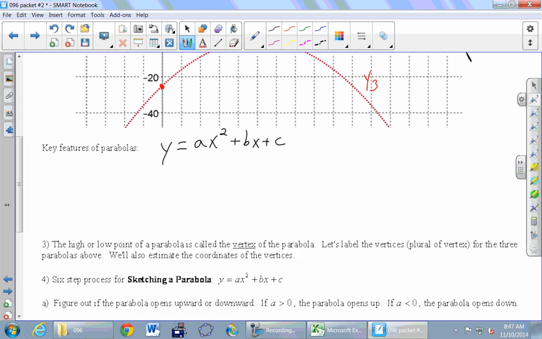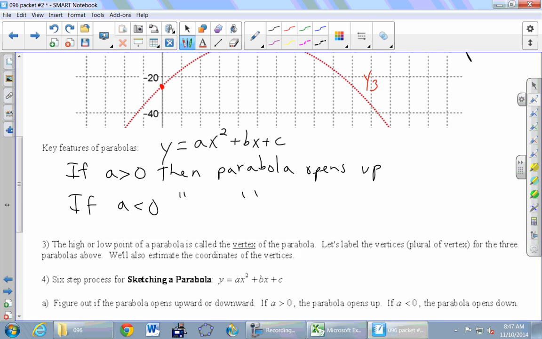They're supposed to represent constants as opposed to x, which is a variable, and y, which is a variable. So here's the fact that we're leaning towards. If a is positive, then the parabola opens which way? Opens up. And if a is negative, then it opens down.